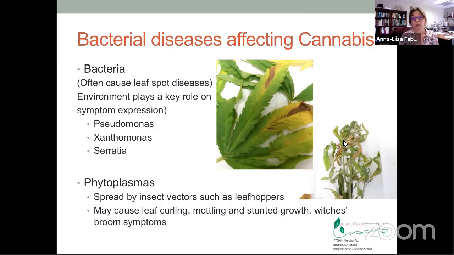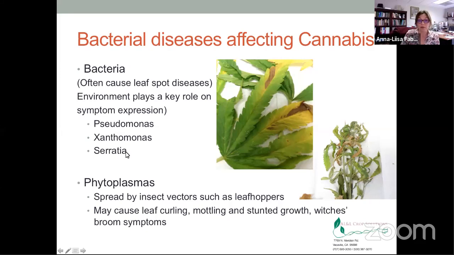They often cause these leaf lesions. They could be necrotic spots or lesions, and often surrounding them there is this yellow halo. This is produced because of the toxins that these organisms produce. Common disease-causing agents are Pseudomonas and Xanthomonas bacteria.